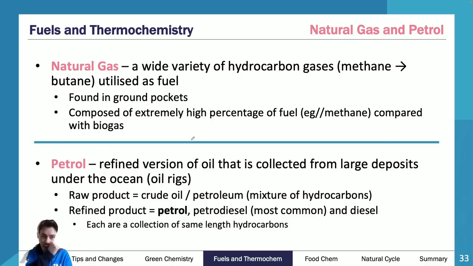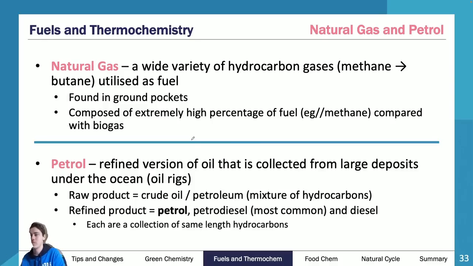So we get oil rigs under the ocean. What do they get? They get crude oil or petroleum, a bit of both, usually crude oil. They then refine the product into petrol, petrodiesel, and diesel. They're just different lengths of carbon. Petrol is usually purely octane, so it's 8 carbons long, whereas diesel is usually 16 to 18 carbon long molecules, and petrodiesel is somewhere in the middle.